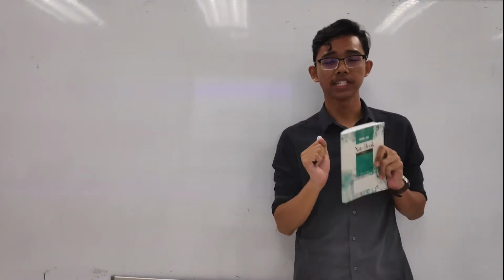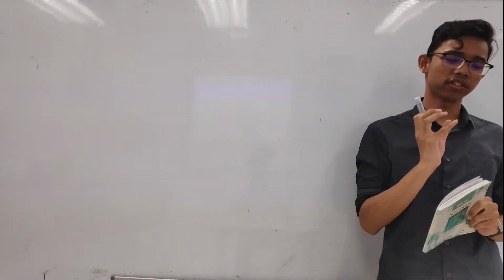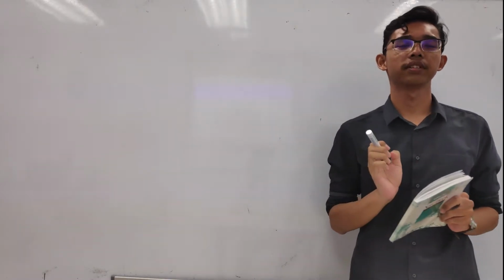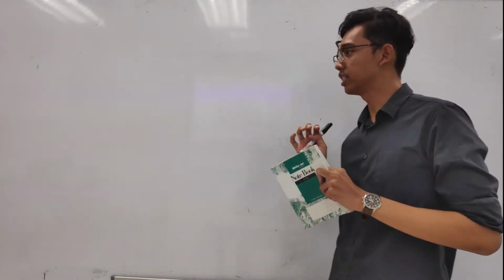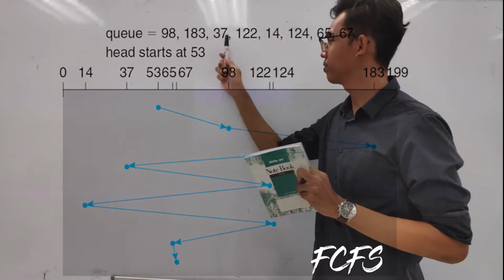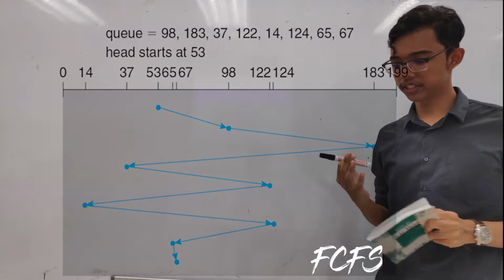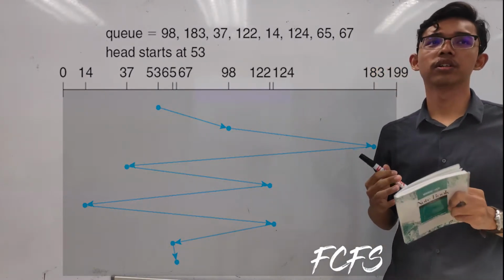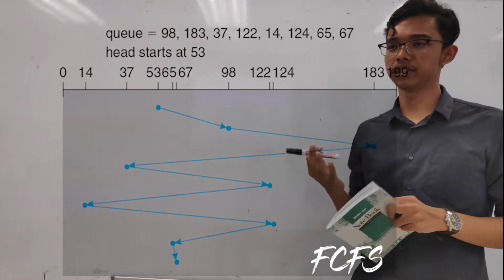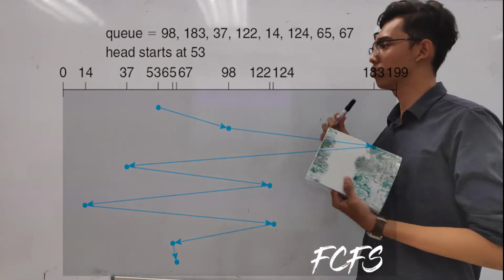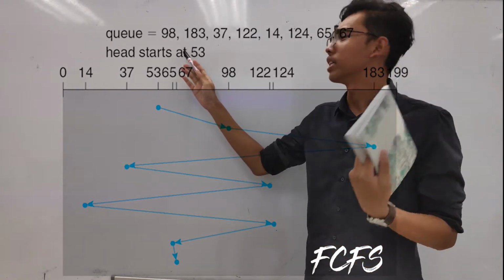Firstly we have FCFS, which is first come first serve. Here, as you can see, it starts at 53. For first come first serve, whatever number comes first in the queue, we have to start with it. So after 53, we have 98.